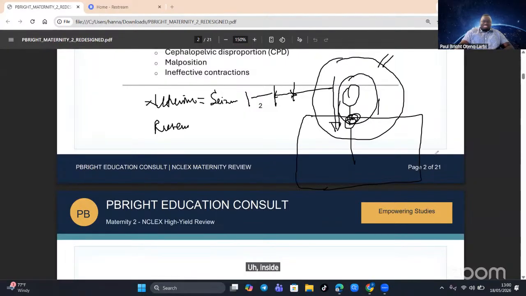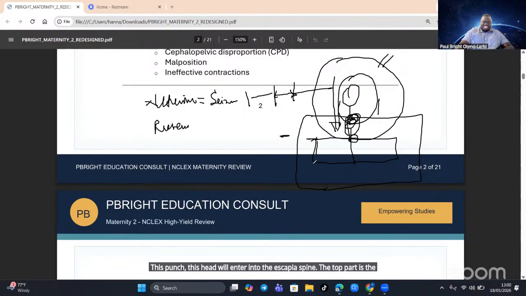Inside this cavity, there is a small space that we call the ischial spine. The head will enter into the ischial spine. The top part is the negative part, and the down part is the positive part. The middle of this spine is the zero part.